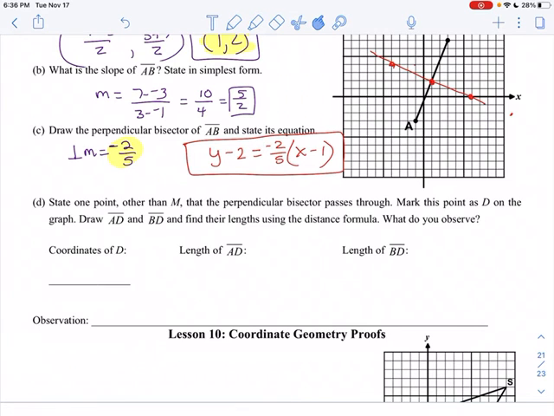Now, part D wants us to state one point other than M that the perpendicular bisector passes through. So I'm going to call that point D, and I'm going to use the point all the way over here. I'm going to call that D. So D has the coordinates of (6, 0). All right. And I want to find the length of AD.